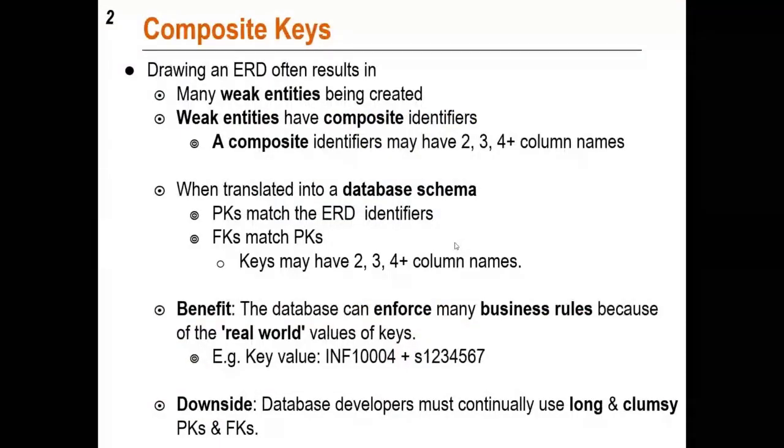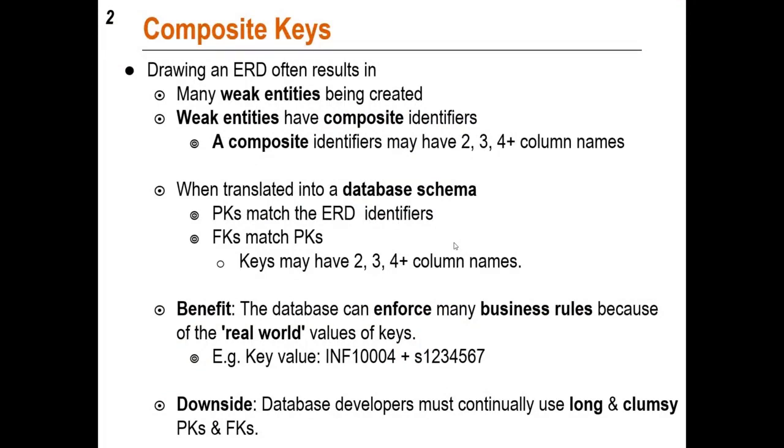So before we move into anything else, let's think about this concept, because when you go to industry, probably you will think, okay, why don't we use composite keys? You remember that when we draw entity relationship diagrams in this semester, we tend to use composite keys, most probably in the weak entities, right? So we may have 2, 3, 4, even 5 columns as composite identifiers in certain weak entities.